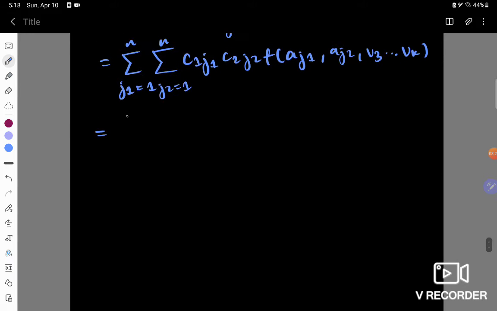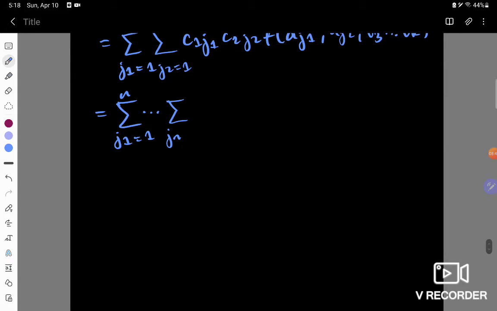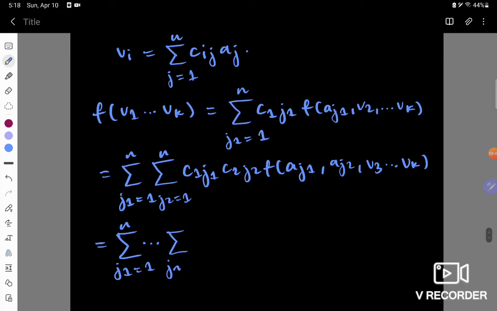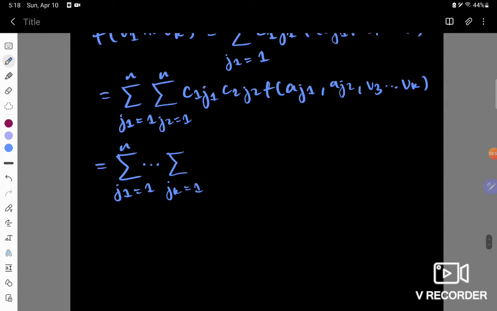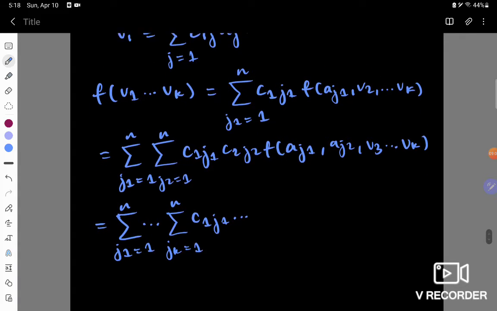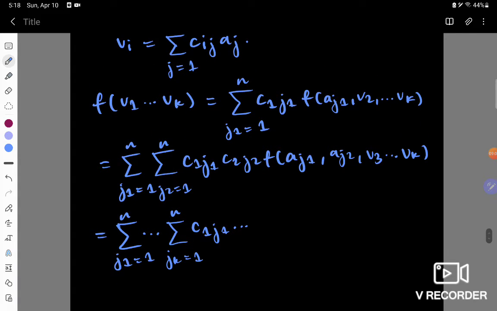And this just equals now the sum from j1 equals 1 through jk equals 1 to n. This is not really good notation either, but I don't want to mess up these indices because there are so many going on right now.